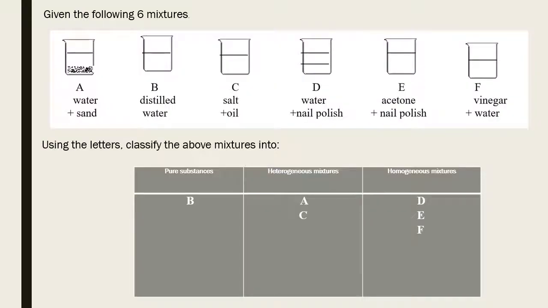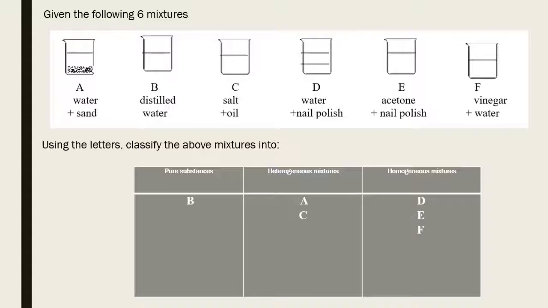Given the following six mixtures, which are labelled A, B, C, D, E, and F, we have to use the letters to classify the above mixtures into pure substances, heterogeneous mixtures, and homogeneous mixtures. Remember, pure substances like water, oxygen, nitrogen normally don't interact chemically.